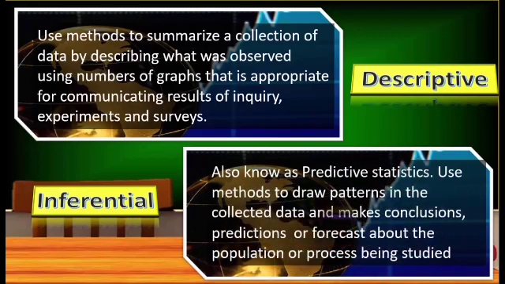But on the other hand, inferential statistics is also known as predictive statistics, that uses methods to draw patterns from collected data and makes conclusions, predictions, or forecasts about the population or process that is being studied.